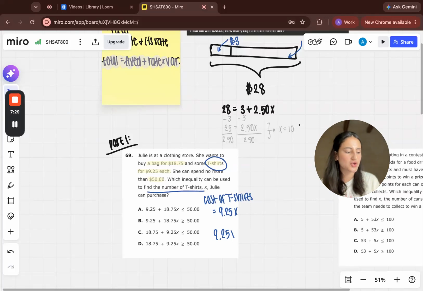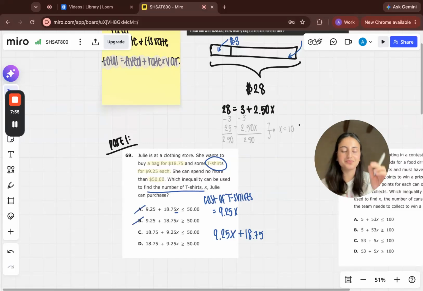She's only getting one bag. So that's just one fixed cost, plus 18.75. Just based on writing that already, we can eliminate 2 of the answer choices. We can see here that they identified the wrong rate for X. The rate is $9.25 each, not $18.75, because that's the cost of the bag, not the shirts. So A and B don't look correct.